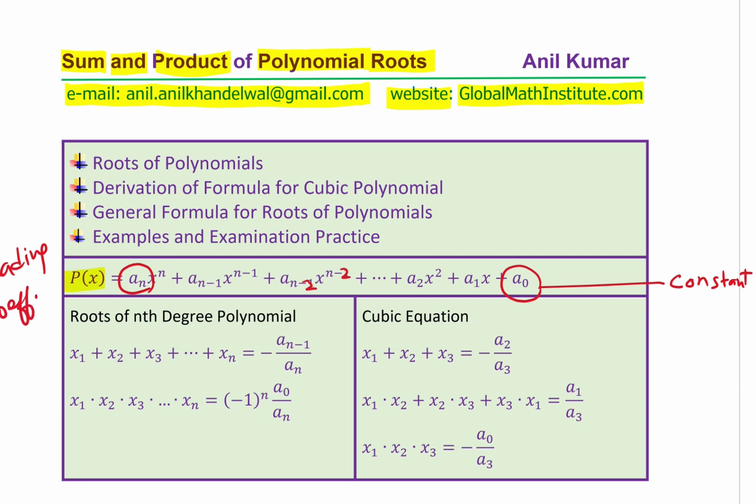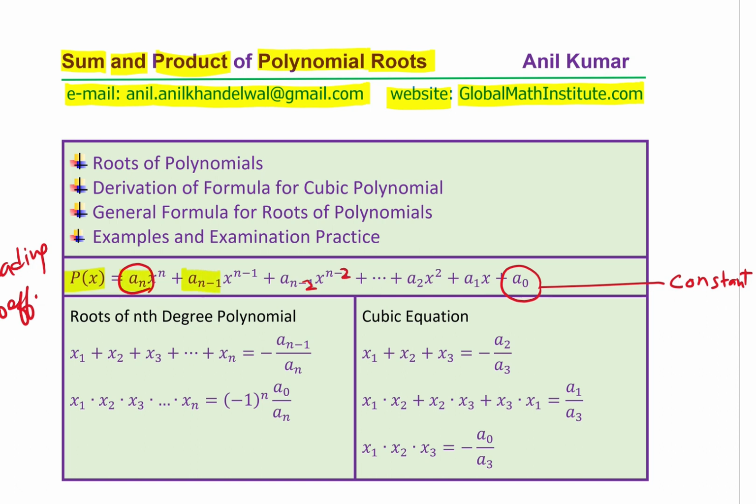We'll actually derive formulas for the roots of an nth degree polynomial. The sum of the roots x1 plus x2 plus x3 till xn is equal to minus a_(n-1) over a_n. That is, it is the ratio of the coefficients of these two terms.